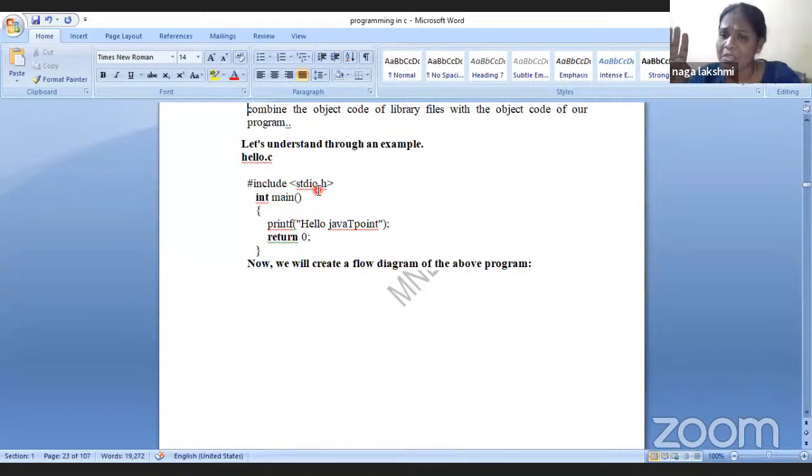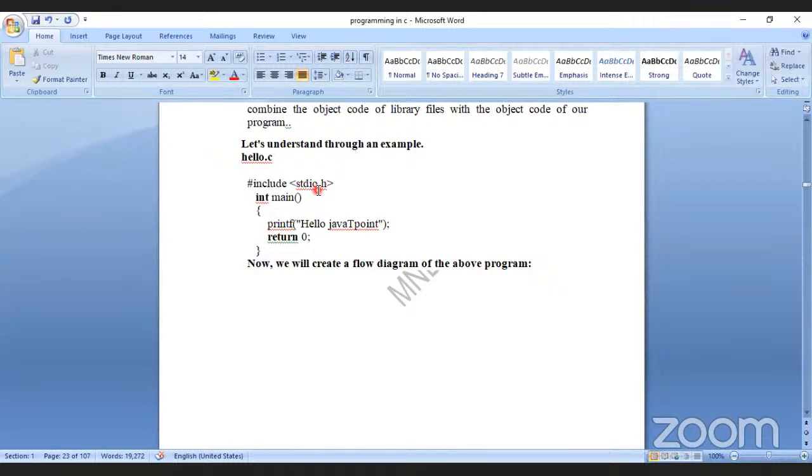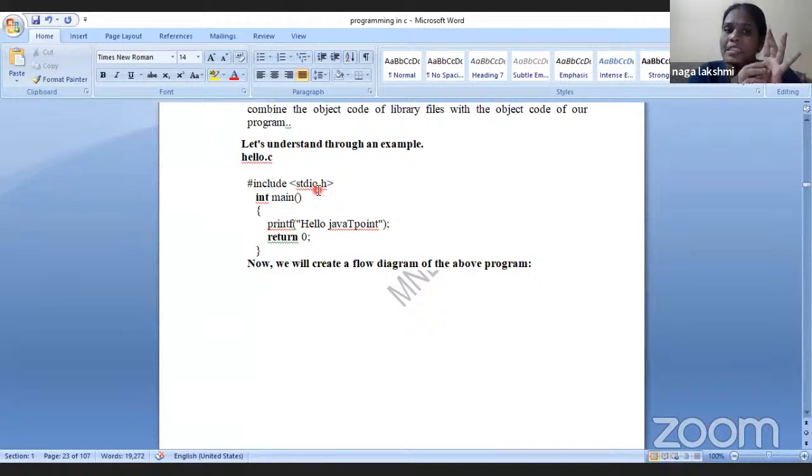Turbo C is the fundamental one we used before when we started programming in C. After that, with little amendments, they made Dev C++, which is an advanced version of Turbo C. So if you don't give this particular line when including main function, printf, return 0, those become undefined, because they are defined there.